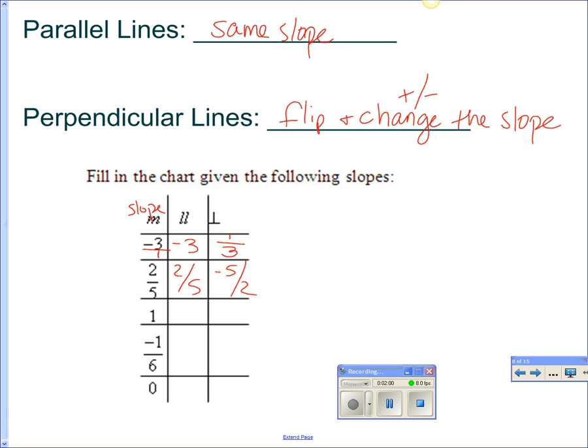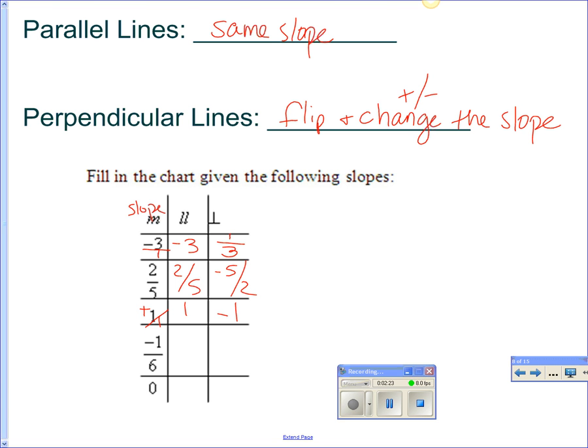All right, Julius, what would be my parallel slope to 1? 1, good. All right, guys, for this one, you can put a 1 underneath if you want, but 1/1, what happens when you flip that? It's still 1/1. However, it was positive, so it has to become negative, so be careful with that.